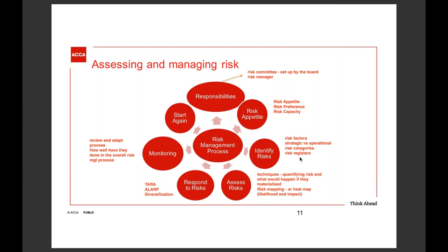Why is it so important? Because the function of the risk committee is to monitor the risk that may affect the organization. So that's where you have to be very, very careful.